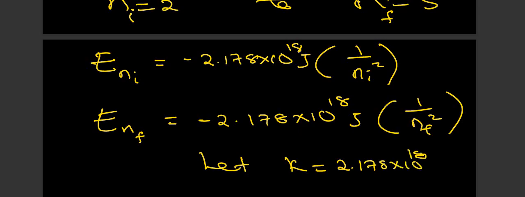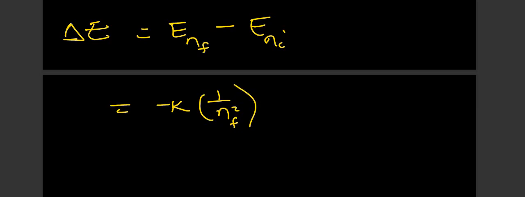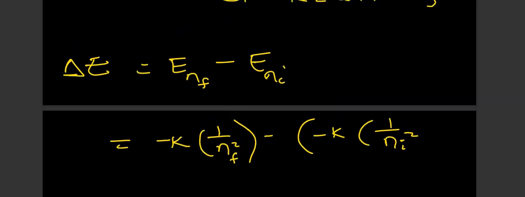I just want to shorten it, so that when I write the change in energy, which is the energy in the final shell minus the energy in the initial shell, it is negative k times 1 over n final squared, minus negative k times 1 over n initial squared.